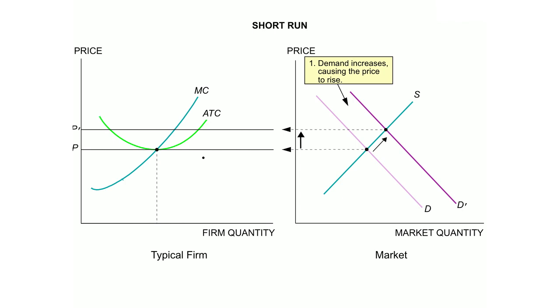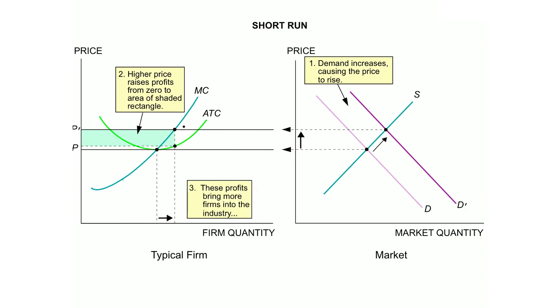And so we can represent that in the diagram by showing the new intersection of the price and the marginal cost, which is right at this point here in the diagram. And then we can drop down to show that that is the new amount of production.